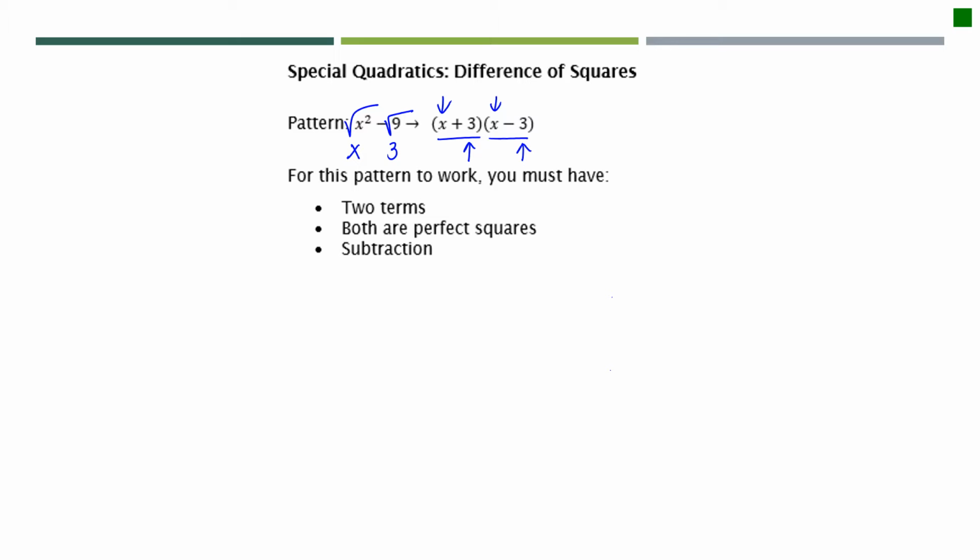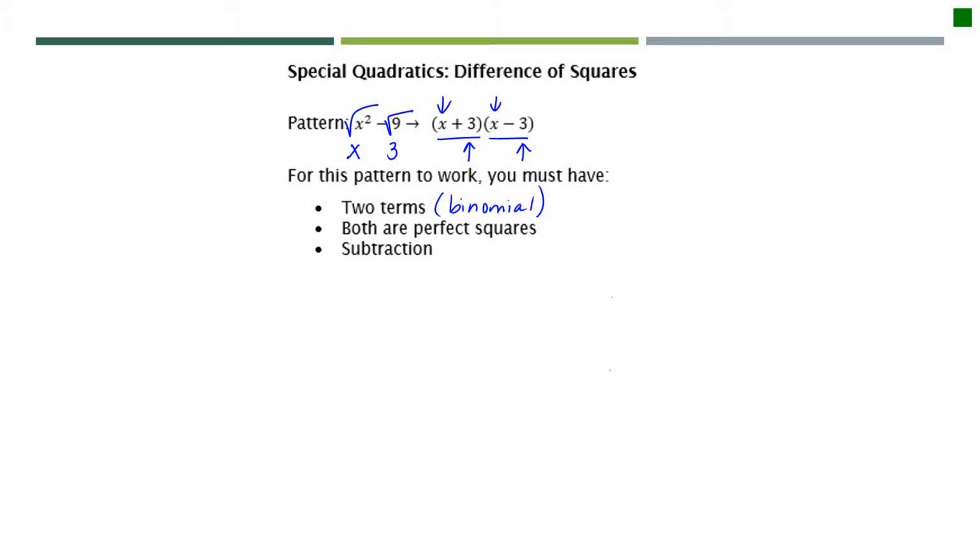So for this pattern, you have to have two terms. The actual word for that is a binomial. So if you have a binomial and it's a square minus a square, a perfect square minus a perfect square, and it's subtraction, then you have a difference of squares.